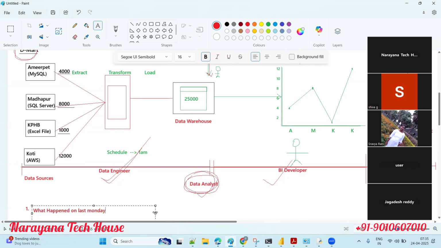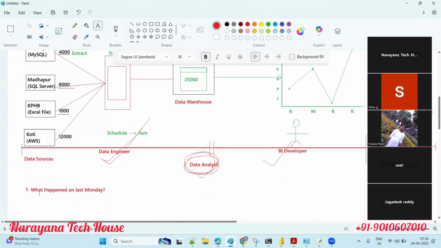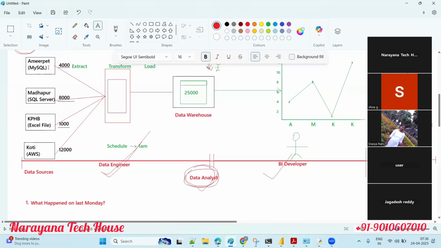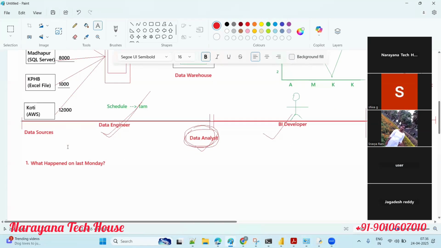What happened means how many sales were done. So product-wise, when this question is raised, the answer is like in Ameerpet 4,000 sold, in Madhapur 8,000 sold, KPHB 1,000 sold, and another branch 12,000 sold, right?